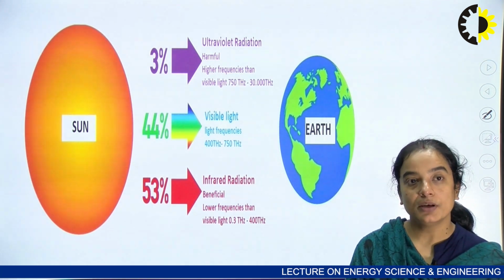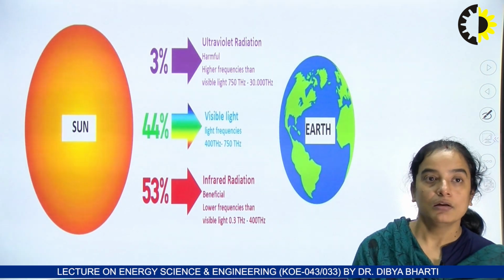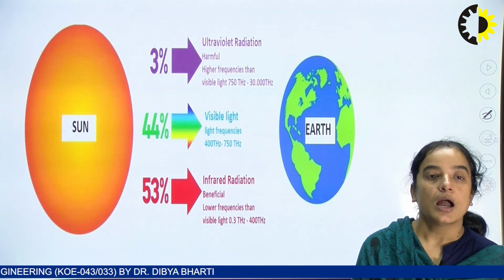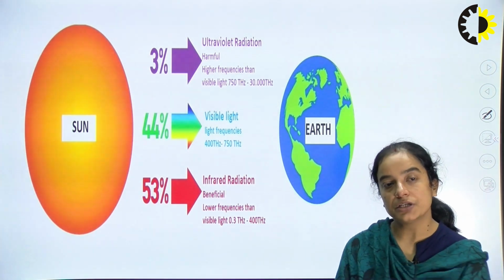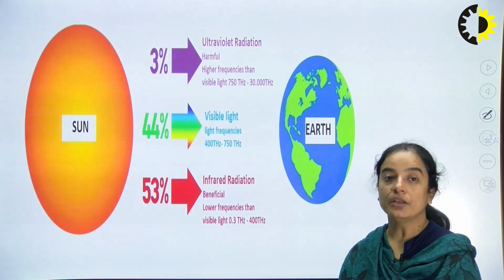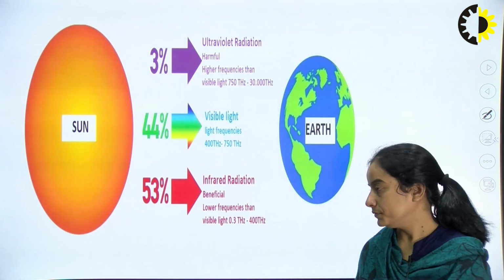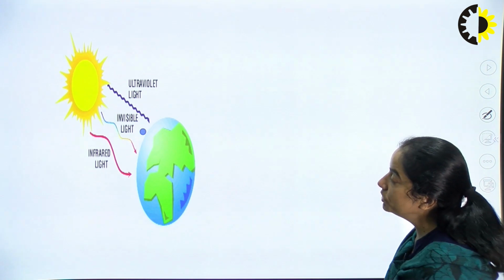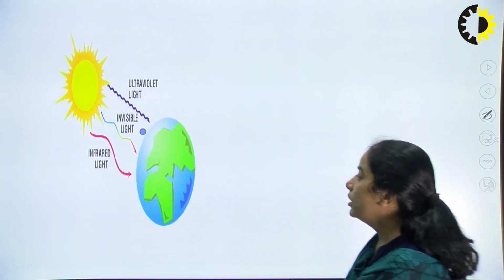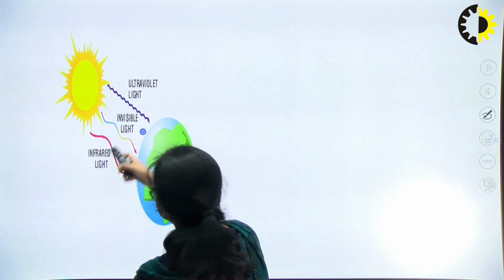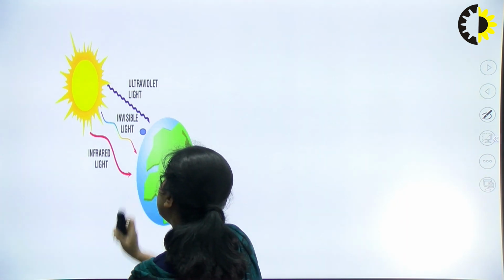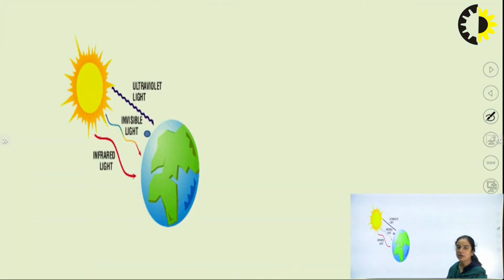Visible light has lower frequency, and infrared radiation is beneficial, which has very low frequency. This picture shows how ultraviolet rays, visible light and infrared radiation are received by the Earth.